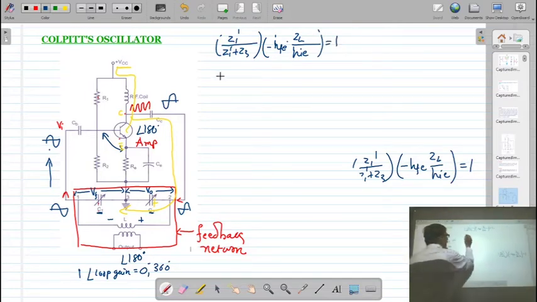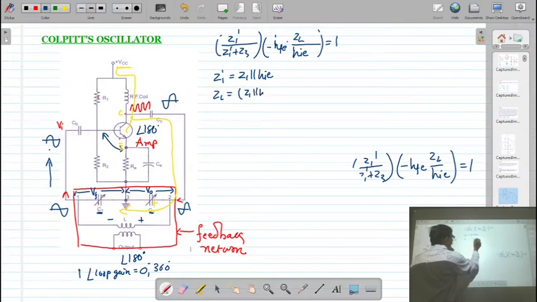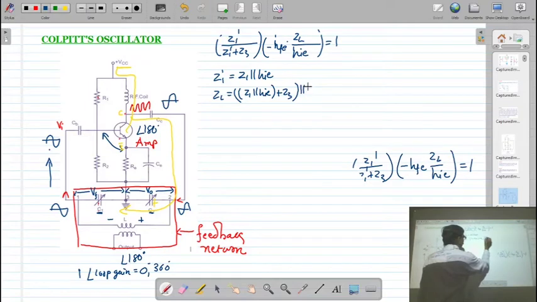And in this case, Z1 dash is Z1 parallel HIE. And ZL is Z1 parallel HIE plus Z3, and that is in parallel with Z2.